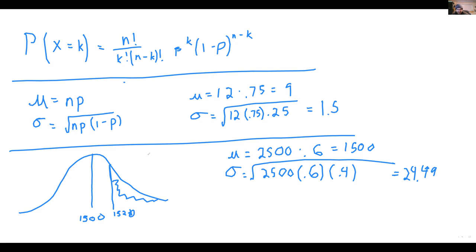So I'm approximating this binomial distribution, B(2,500, 0.6), with a normal distribution, and mean 1,500 is first thing in normal. Standard deviation is second.